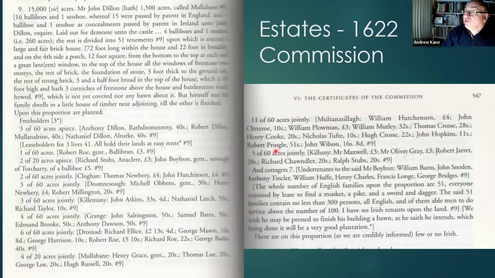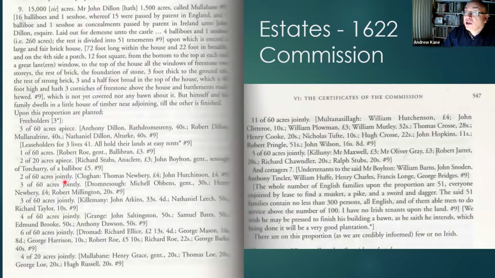Then this is an example from some of these reports, the commissions, where they've come to see that you're abiding by your plantation requirements. And you can see here, this is the estate of Anthony Dillon, or actually John Dillon, in North Armagh. It describes what building work he's done, which were conditions of his grants.